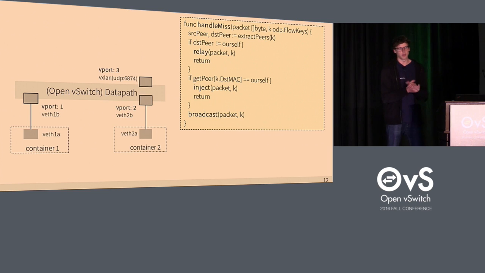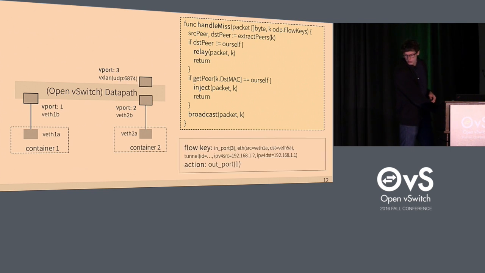If the packet is destined to us, we inject the packet into the data path. If it is not destined to us, we relay the packet. Otherwise, we just do the broadcast. And in one of these cases, we install the flow, and this flow is a bit more interesting because it contains tunneling information, but it's relatively simple.